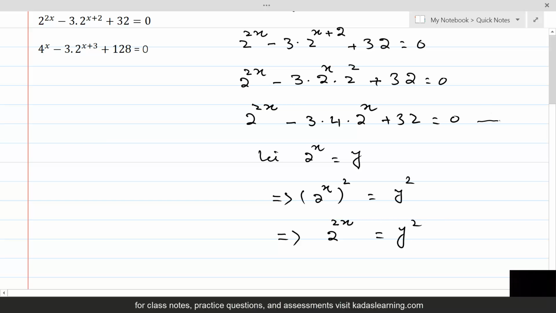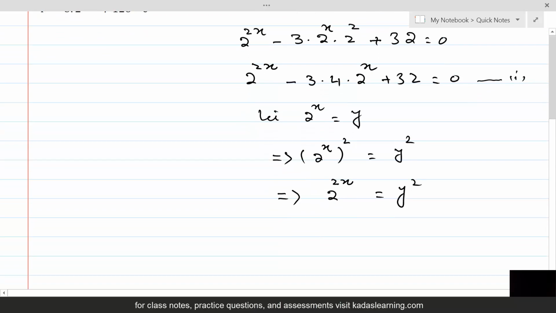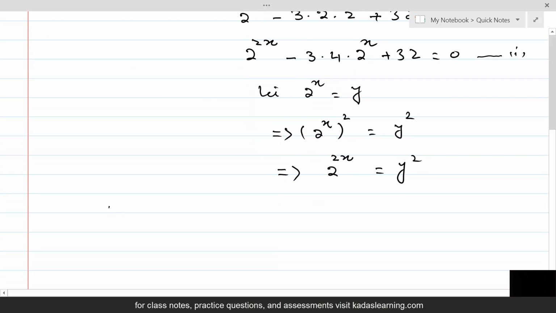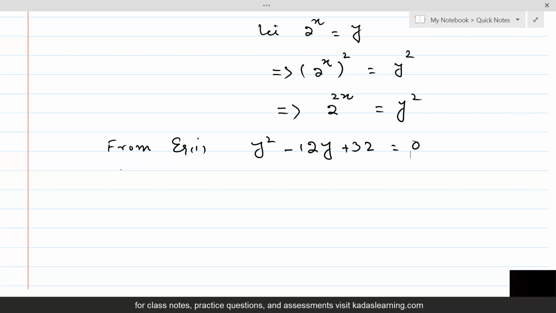Therefore, from equation 1, we have y square minus 12y plus 32 equal to 0, which is a well-known quadratic equation.